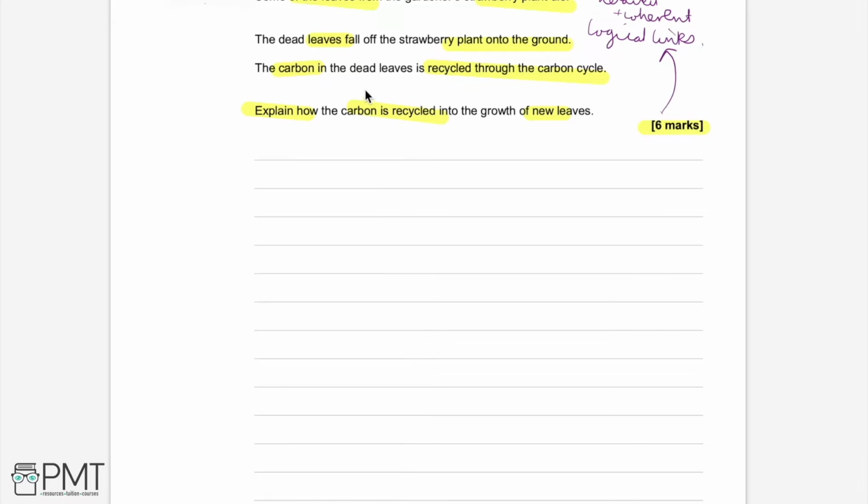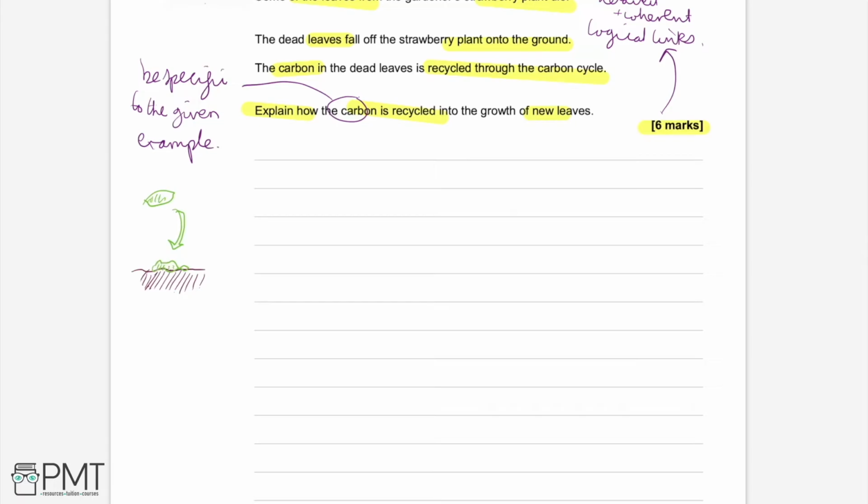Now, it's referring to the carbon cycle here, but we need to make sure we're specific to the example given of the strawberry leaves, as opposed to just generally stating the carbon cycle. Well, let's have a think about what happens. Well, when leaves die, they fall to the ground, as it states here, and microorganisms, known as decomposers, will digest this leaf.